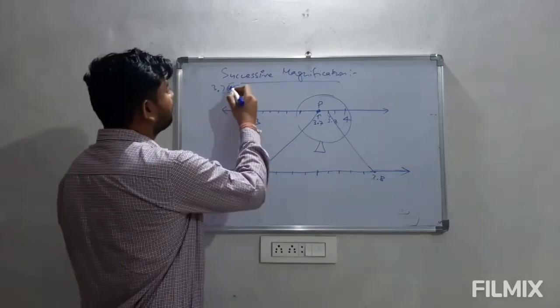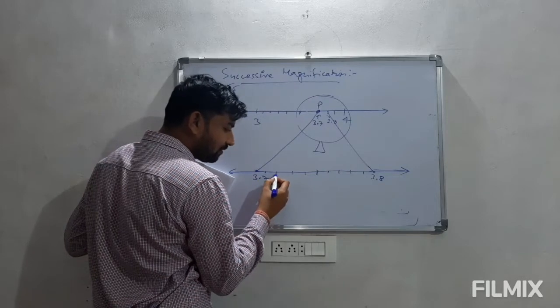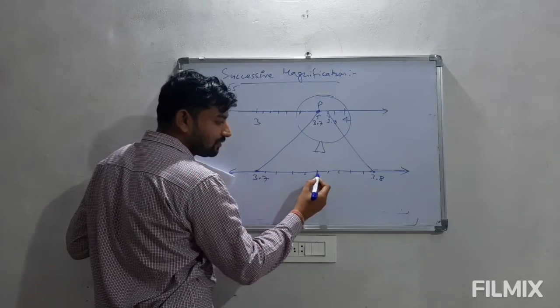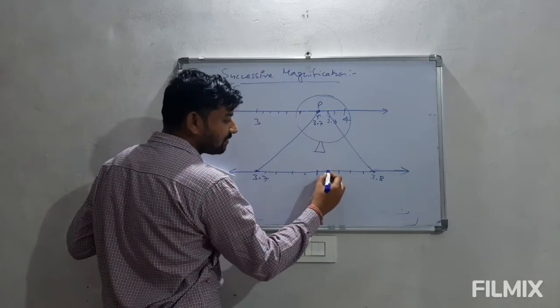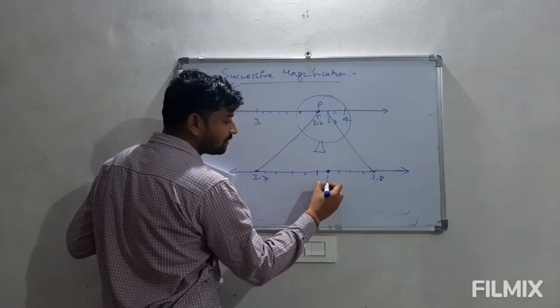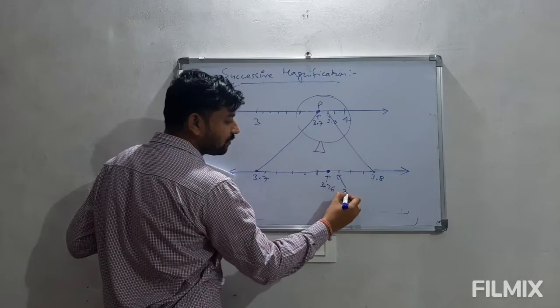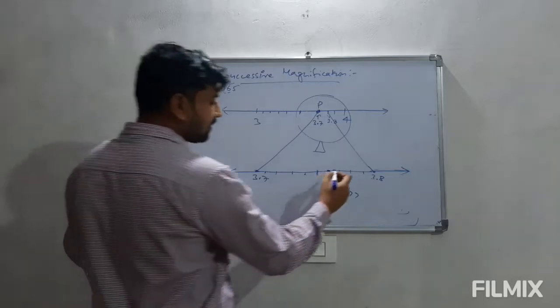So we have to select 6. So this will be 3.71, 3.72, 3.73, 3.74, 3.75, and this will be 3.76. The next number will be 3.77.